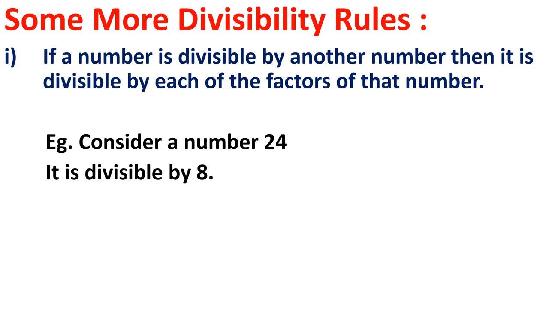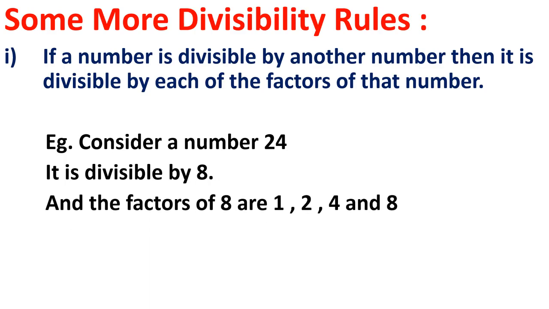It means if 24 is divisible by 8, then 24 is divisible by all the factors of 8 also. If it is possible to divide 24 by 8 completely, leaving no remainder, then it is possible to divide 24 completely by all the factors of 8 also.